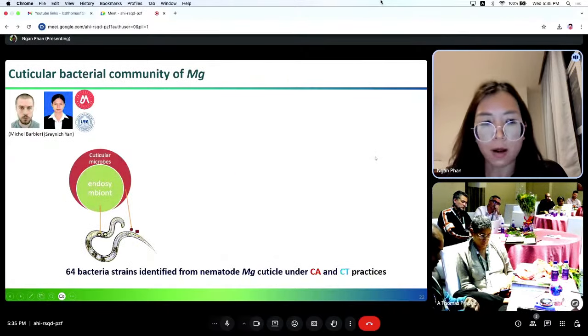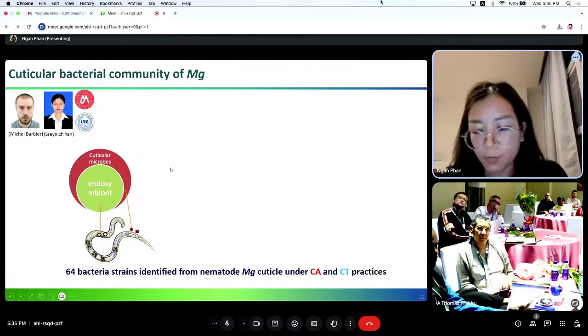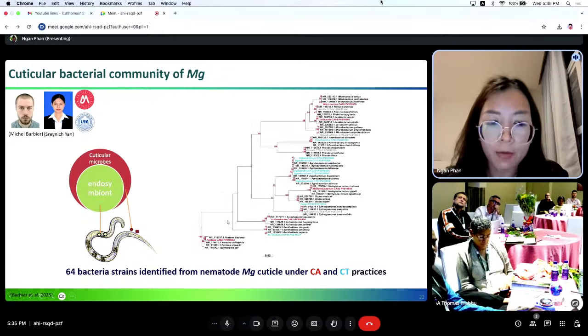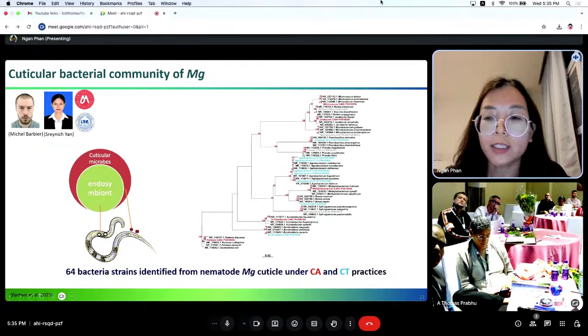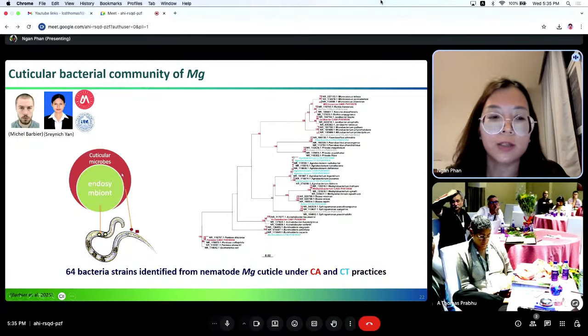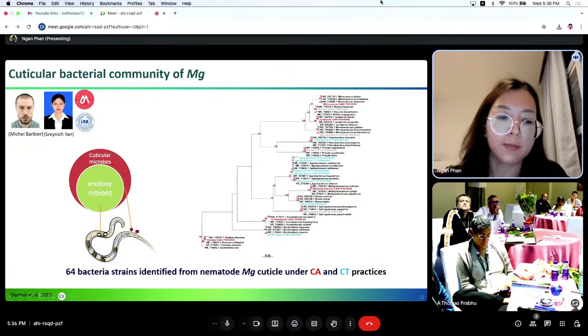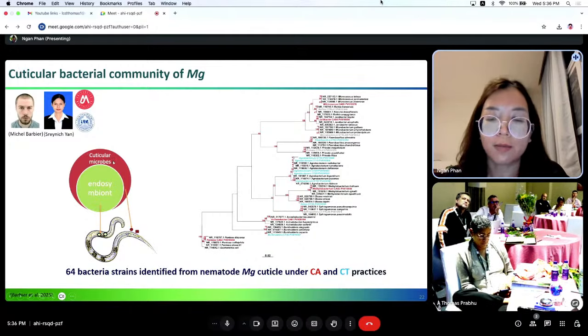With the study of our PhD and a master student, we found 64 bacterial strains associated with the cuticle of the graminicola. Of course we need to consider the endosymbionts, because nematodes have both endosymbionts and cuticular microbes, and we excluded the endosymbionts and studied only the cuticular microbes.